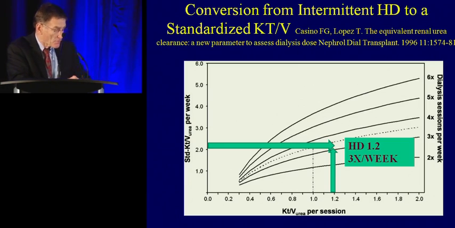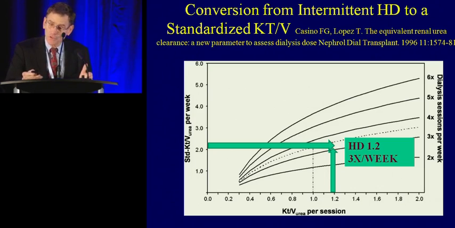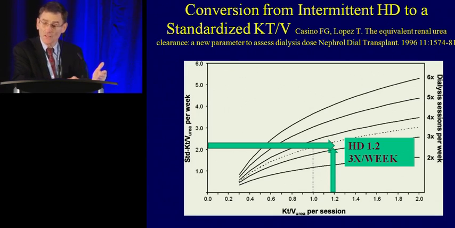So they convert, for example, if someone has an equilibrated Kt/V of 1.2, you follow that arrow going up and then across, and that's equivalent to a standardized Kt/V of 2.1. This is why, when someone is on intermittent hemodialysis, we target a Kt/V of 1.2 three times a week, and that's equivalent to a standardized Kt/V on PD of about 2.1, which is what's shown here.